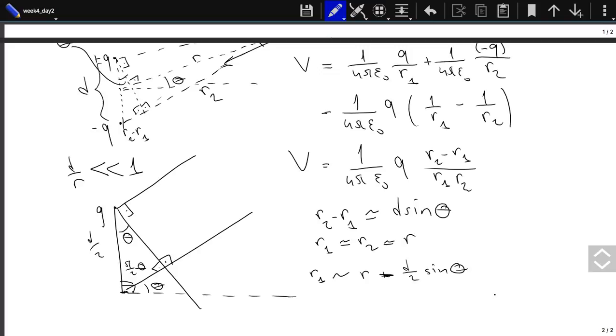But d is very small compared to R. This is R. So that tells me that the potential is 1 over 4 pi epsilon 0 times qd sine theta over R squared.